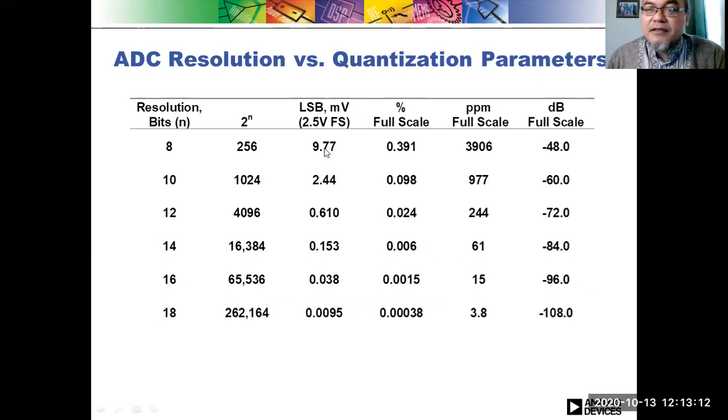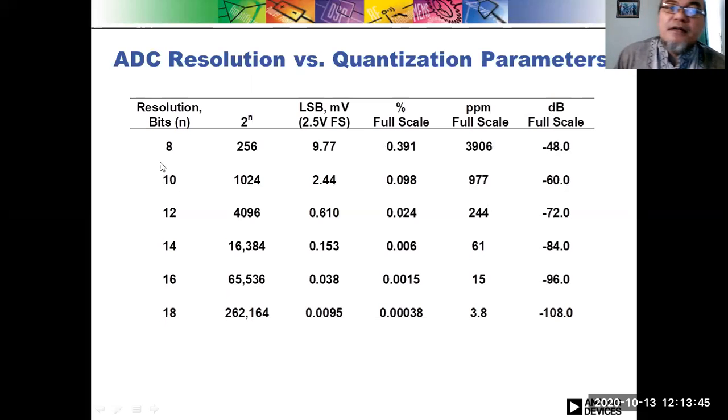The percentage from the full scale, 9.77 divided by 2.5 multiplied by 100, is equal to 0.391%. Parts per million is basically the same as percentage, but in millions, so 3,906 ppm. In dB, it is minus 48 from the full scale.